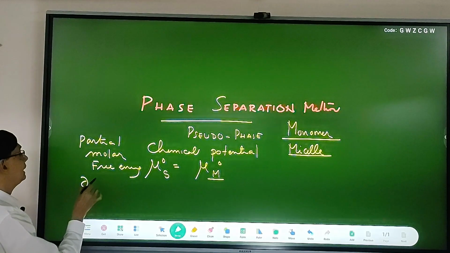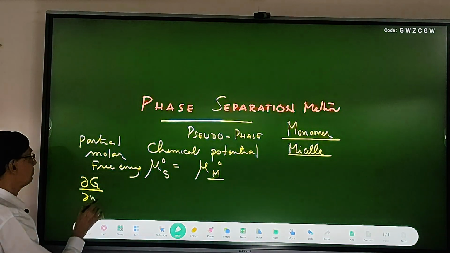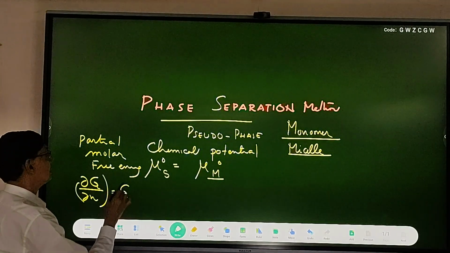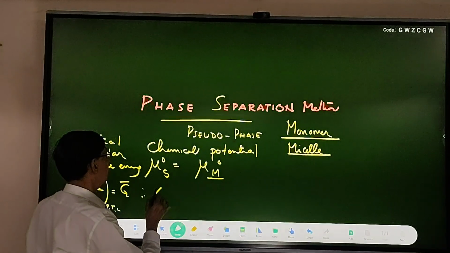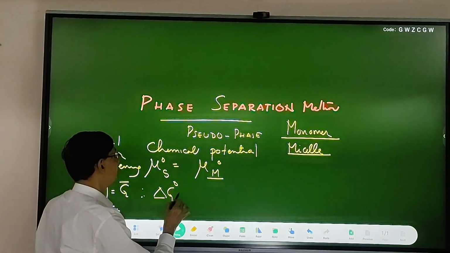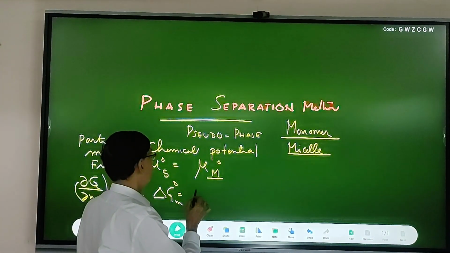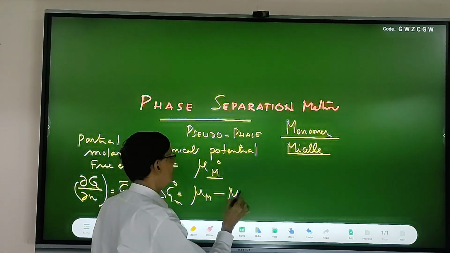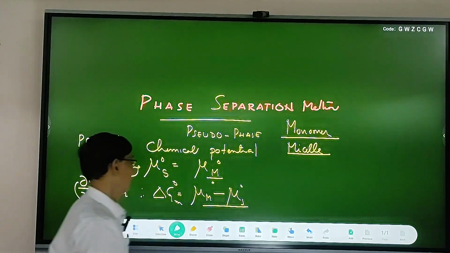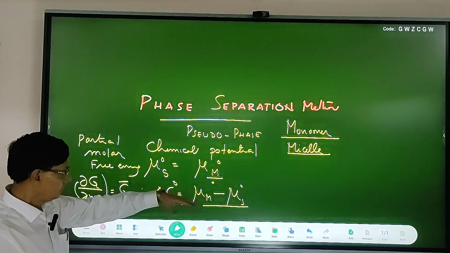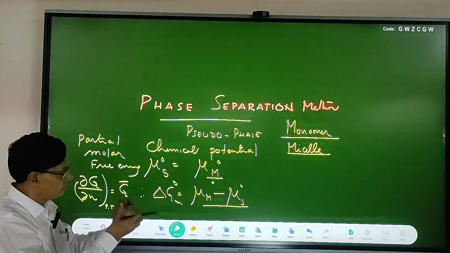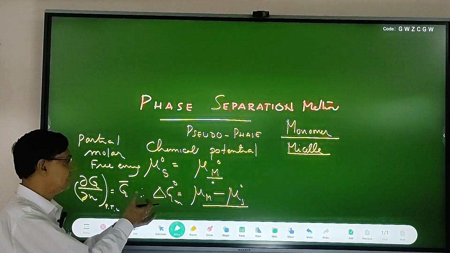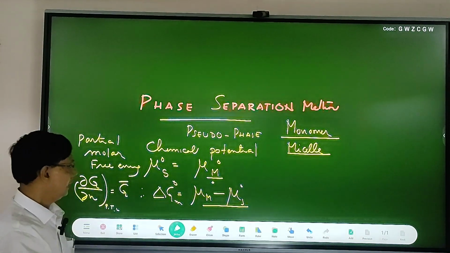So you know that it is the change in free energy with respect to number of moles at constant pressure, temperature and other moles, G bar. So in normal cases, delta G of micellization may be mu M standard minus mu S standard. That is also possible. If you determine the chemical potential of the micellization phase and the chemical potential of the monomer phase, we can calculate the delta G. And once you calculate the delta G, the rest of the things are the same.